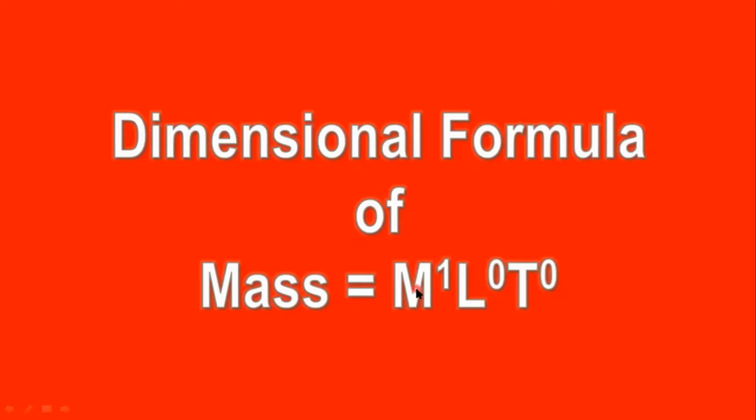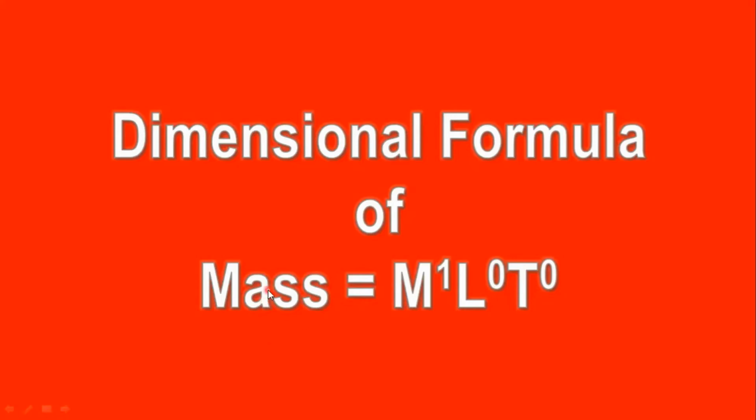So we have only M. The dimension of the mass is capital M, and it is involved in the formula only one time, so that's why we are putting the power 1 to it. L and T are not present in mass, so that's why their power is 0.